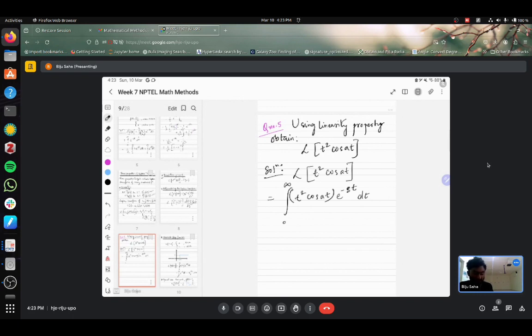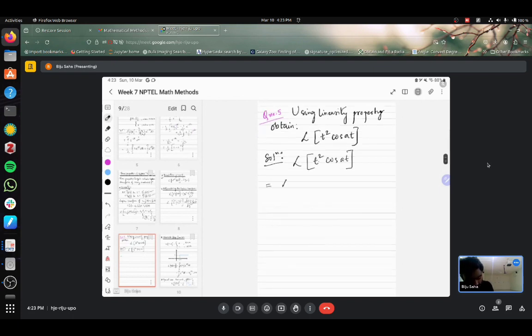But we are being asked to use the linearity property and then obtain this integration. In that way it will reduce our effort, so we don't have to carry out this difficult integration. Let's see how the linearity property will reduce our effort.